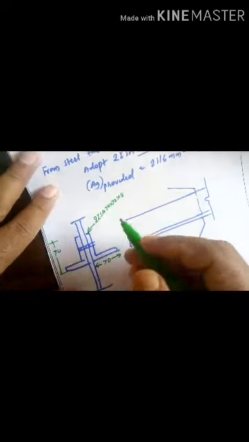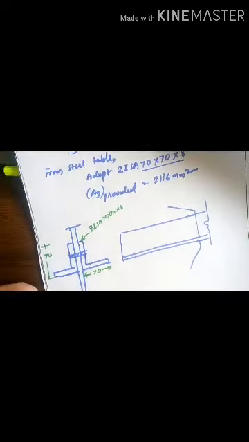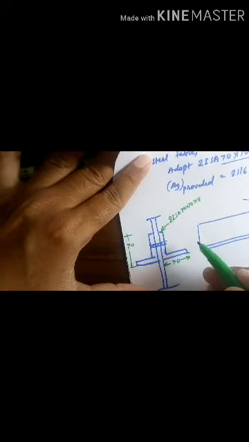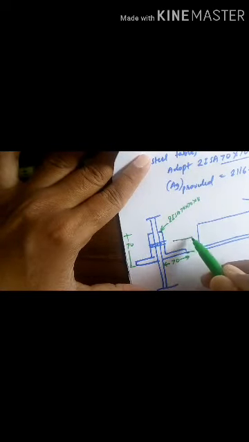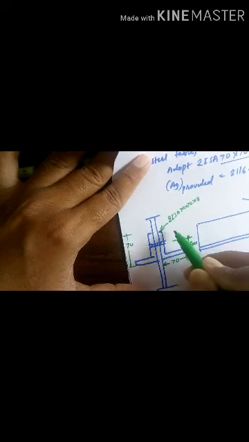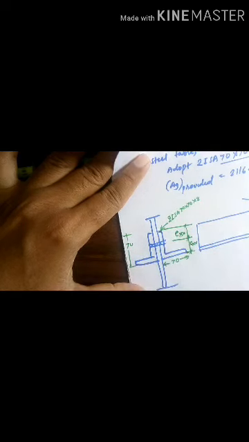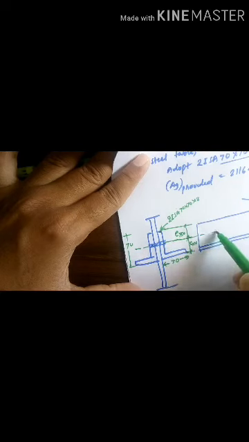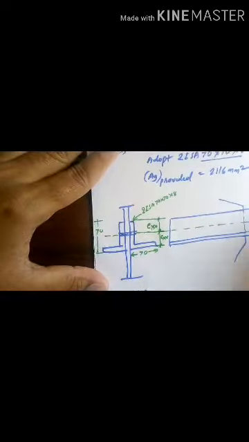So from here I'll mark Cxx, this will be Cxx and this will be Exx. This represents the centroid of the bolt hole provided. Still we don't know how many bolts need to be provided.